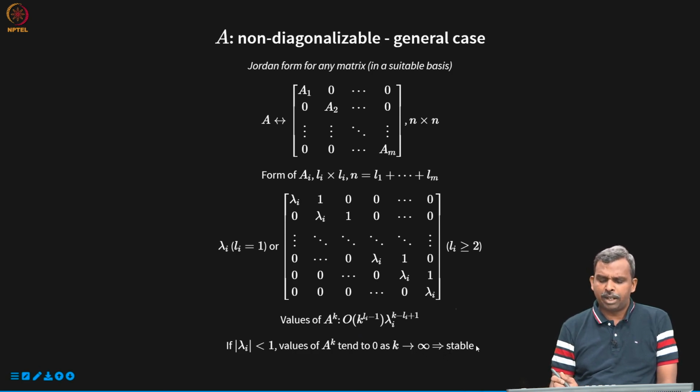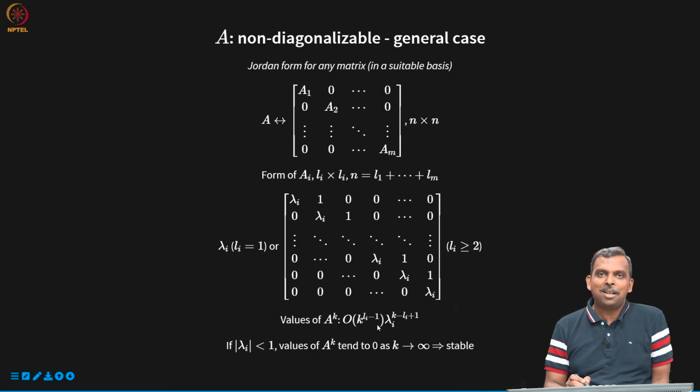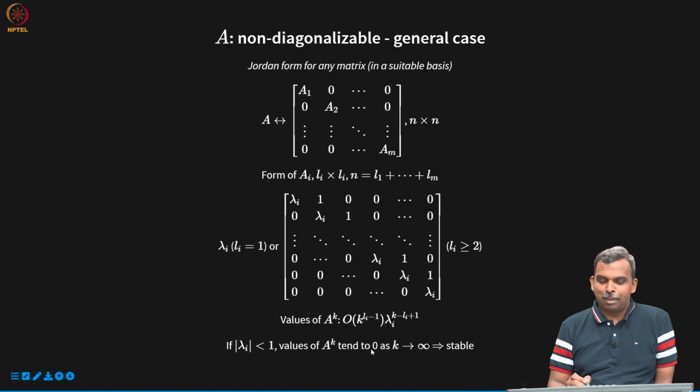This is a result you might quote, but you want to be careful, because there is this k power Li minus 1, and if Li is very large, even if lambda i is reasonably close to 1, this may not die down that fast. You might need a very large k before it dies down. Something to worry about, but still, asymptotically, as k becomes really large, this will ultimately become stable.